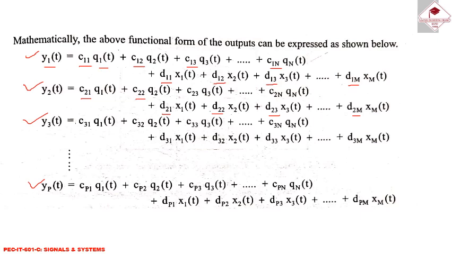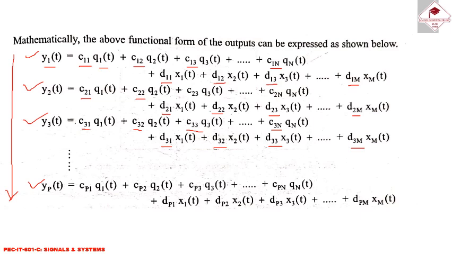In the same manner, y3 can also be represented like this: y3t is c31 q1t, c32 q2t, c33 q3t, and c3n qnt. In the same way, the x part can also be written as d31, d32, d33, and d3m. In this manner the total system is being denoted, and mathematically we expand the series starting from y1 to yp, the total system we have to describe.